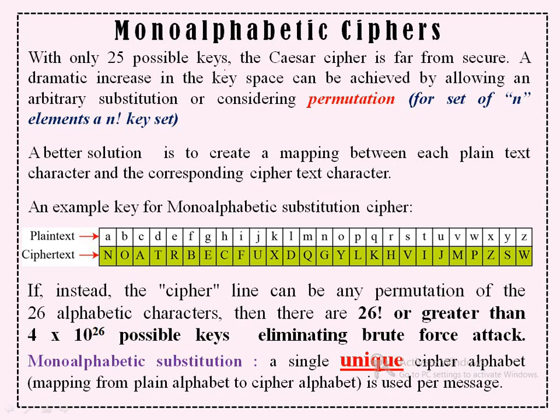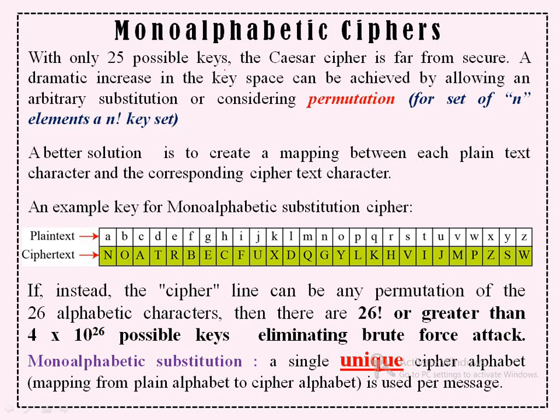So what monoalphabetic ciphering means is that here, instead of one-to-one mapping, there will be one-to-many mapping. By that I mean, if you observe the example given over here, the table, plain text you have A to Z, right? And the green colored ciphertext that you are looking at is one sample combination of each and every plain text to ciphertext.